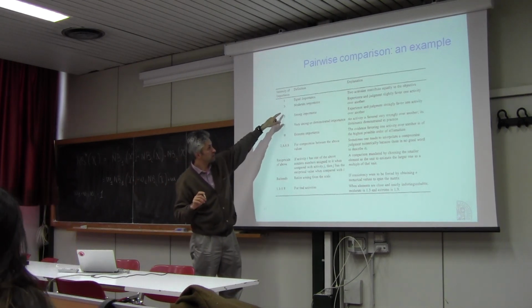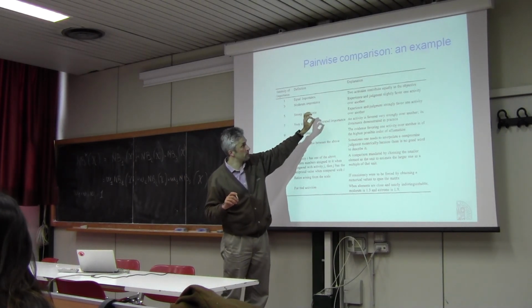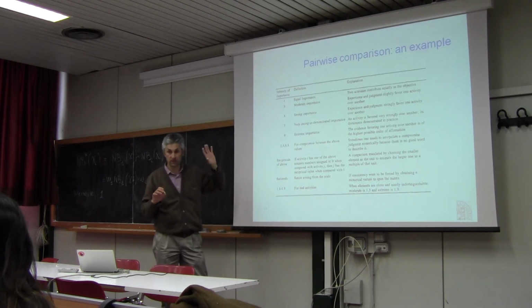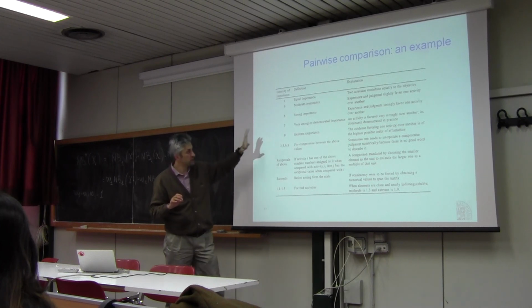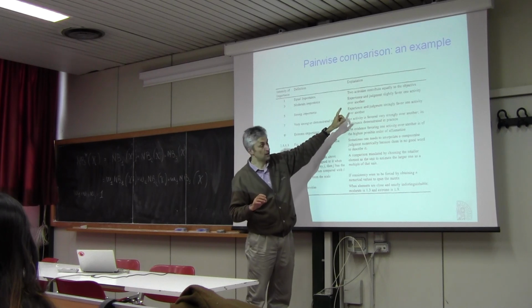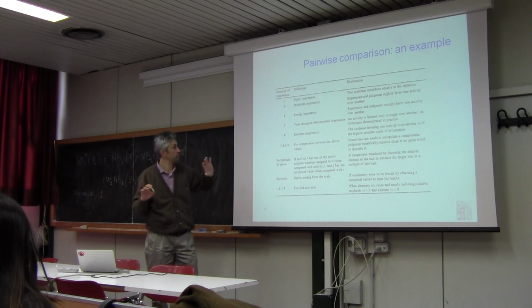Moderate importance means that experience and judgment slightly favor one activity over another. So if you say that the recipient benefit has a score of 3 with respect to the societal benefit, it means that you moderately favor the recipient benefit with respect to the societal one.